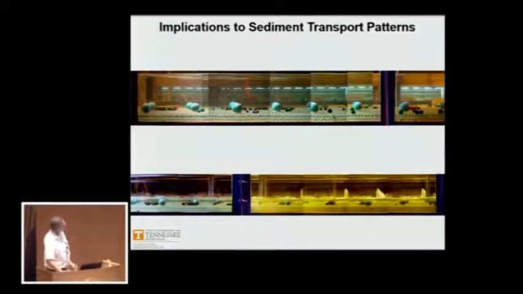So this is a bunch of images put together. This is the higher relative submergence condition, and you can see obviously the glass beads, the marbles coming in, depositing in the wake area. In this case here, we got deposition being dominant for the low relative submergence in the stoss.